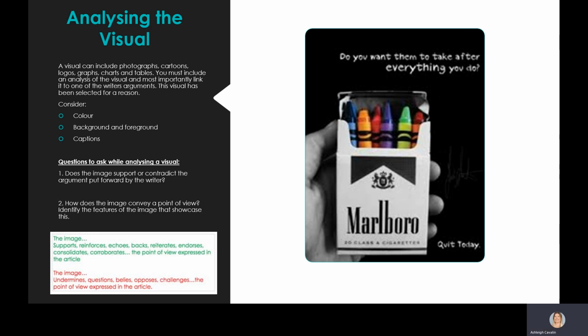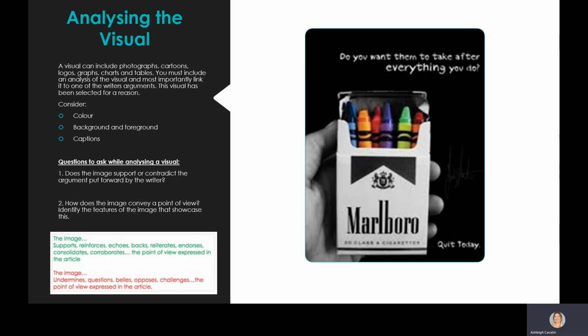To further your point, you should ask yourself, does the image support or contradict the argument put forward by the writer? And also, how does the image convey a point of view? What are the key elements that showcase this? How does it bolster the overall contention or any of the surrounding points?